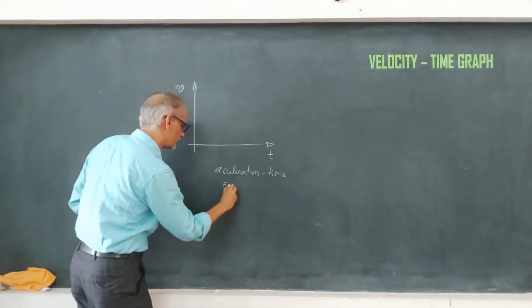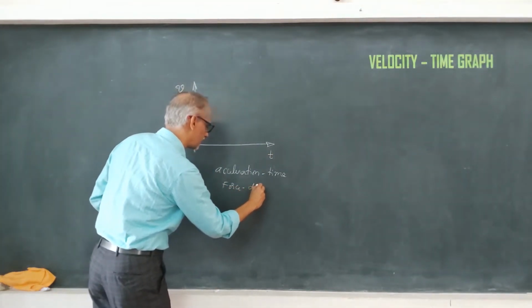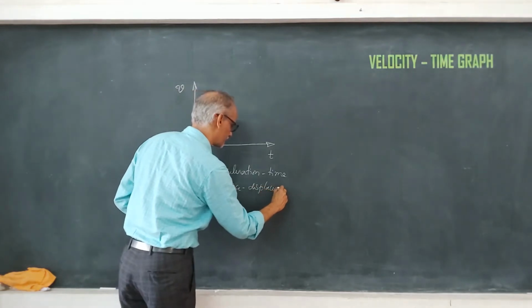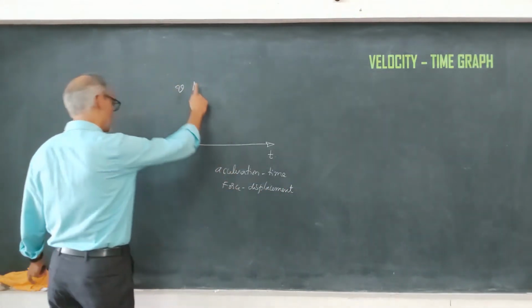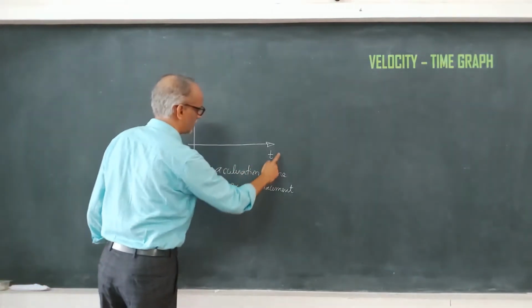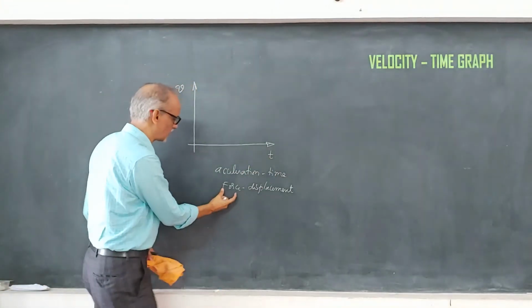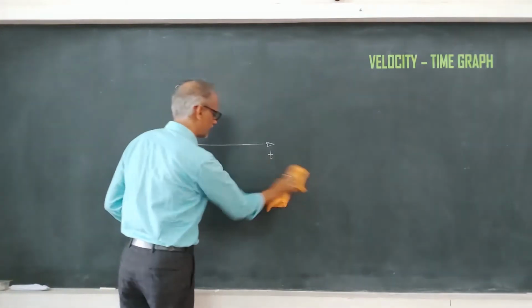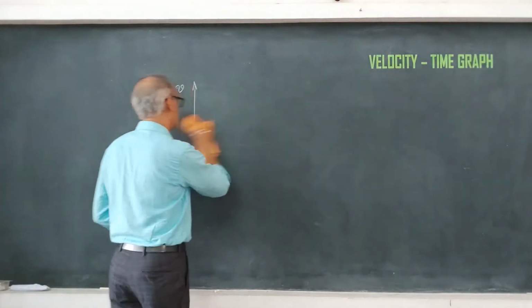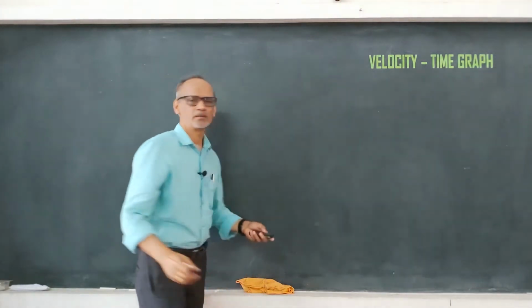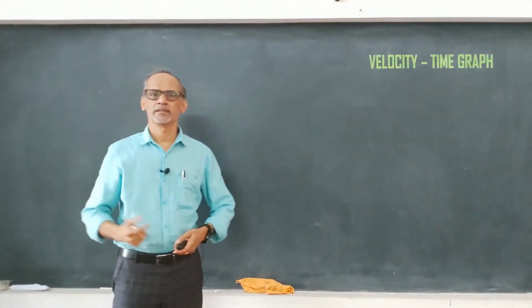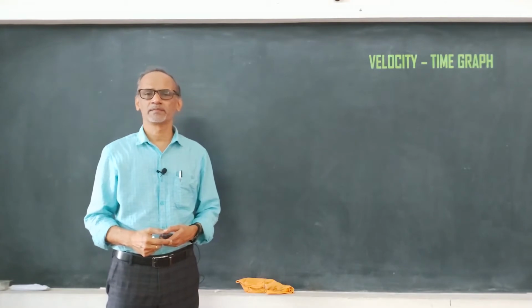If it is a force-displacement graph, then force along the y-axis and the displacement along the x-axis. So, the first quantity is always taken along the y-axis. So, what is a VT graph? A graph obtained by plotting velocity along the y-axis and time along the x-axis is called a VT graph.